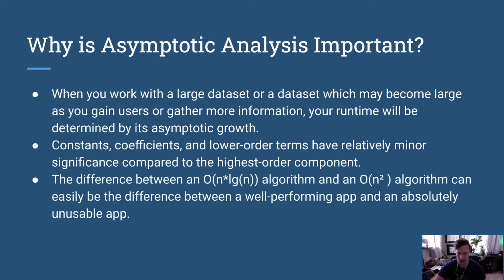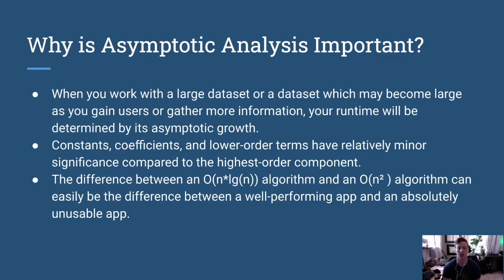All right, and when you understand what this means, you'll see at the end of the day, because we'll do some examples to show this, that being able to run an algorithm that is O of n log n is the difference between a well-performing app and a completely unusable app that would be running at maybe O of n squared.